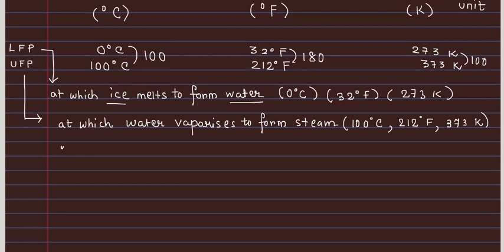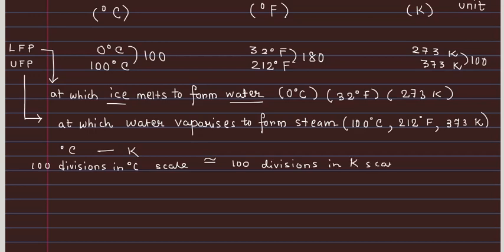So when we find a relation between Celsius and Kelvin, it is easy. 100 divisions in the Celsius scale is equivalent to 100 divisions in the Kelvin scale. That basically means that 1 degree Celsius change is the same as 1 Kelvin change.